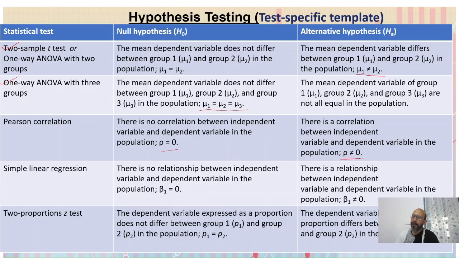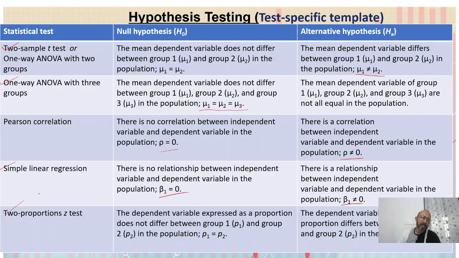So rho not equal to 0. Simple linear regression: there is no relationship between independent variable and dependent variable in the population. Beta 1 equal to 0. Alternative hypothesis: beta 1 not equal to 0.